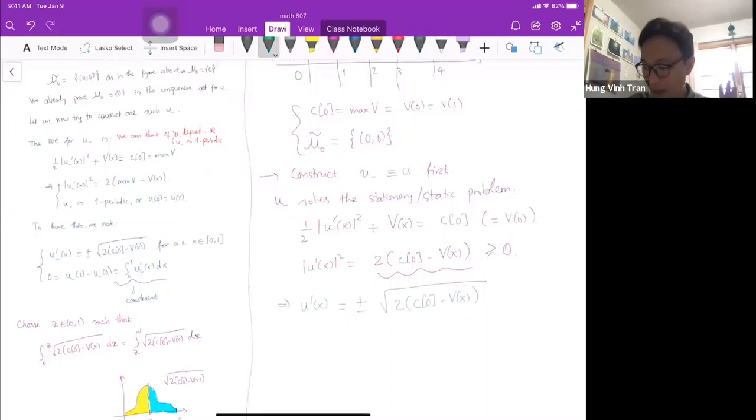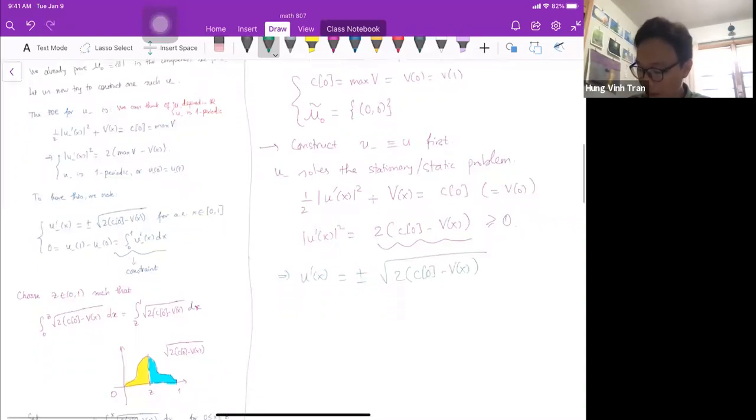However, we have to be careful here because we are selecting either the plus or the minus of the square root, and it's not clear at all what we should do.